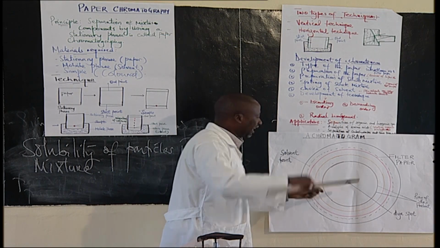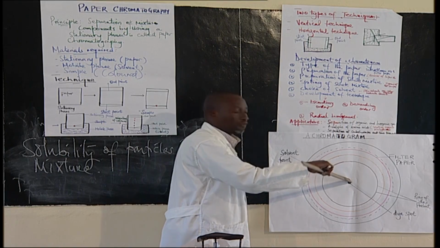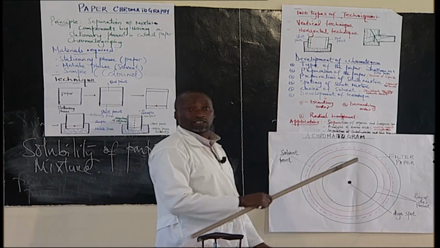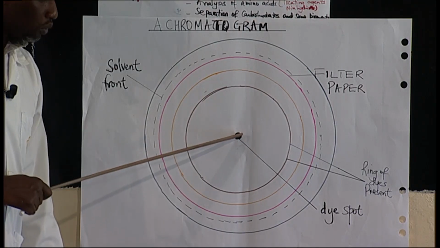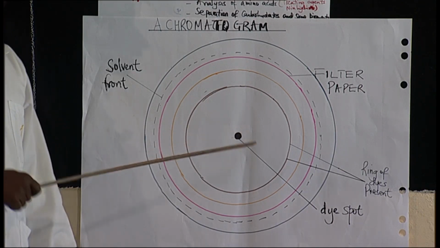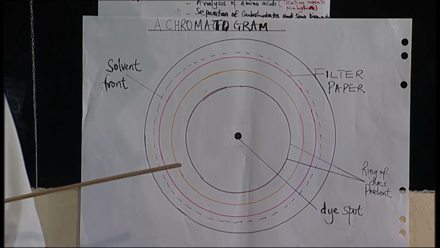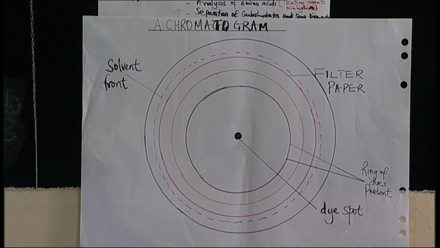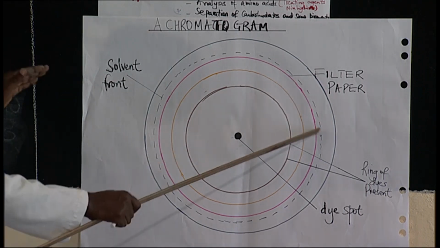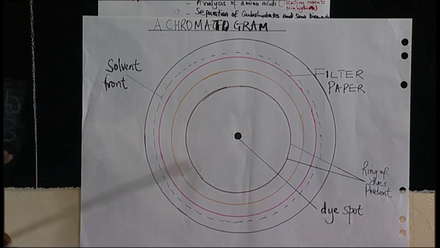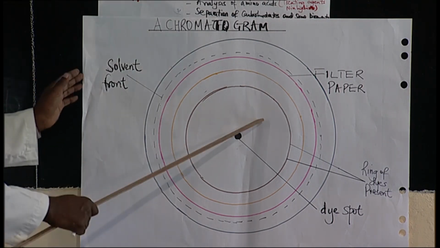When you put the ink with the solvent, the mobile phase, so the filter paper is the stationary phase, and you have that would be the substance to be separated. Then you add there the mobile phase. So the solvent will move with the different solutes and will form rings. This is what we call the radial technique or the radial development technique.